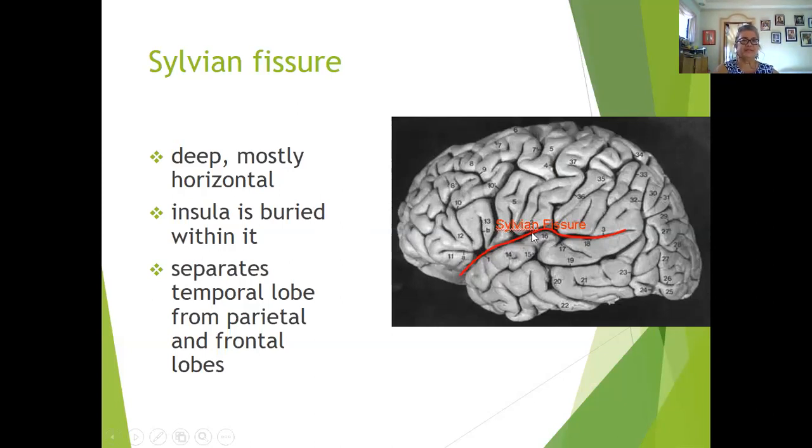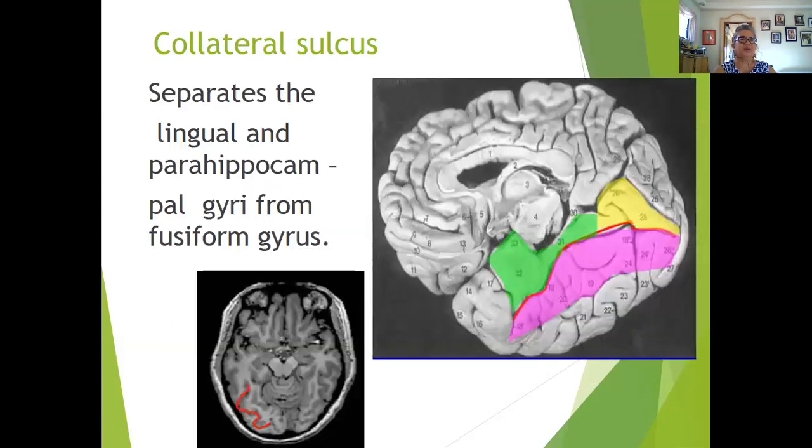So remember, this is a Sylvian fissure. So take note as to the position of the 6 constant fissures in the cerebral hemisphere, which is lateral, which is medial, and there are some which will traverse from your lateral surface to go into the medial surface, and we will take that up as we go along.